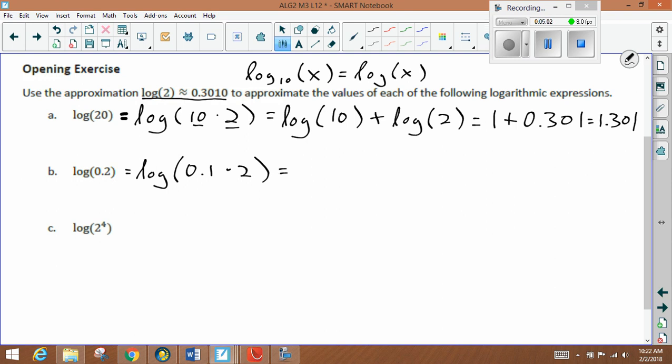So that means that I can write that as log of 0.1 plus the log of 2. Isn't 0.1 the same thing as 1/10?